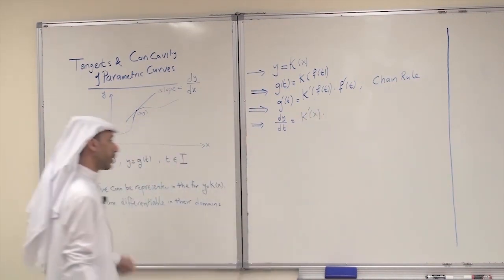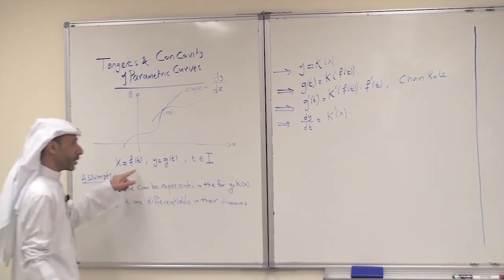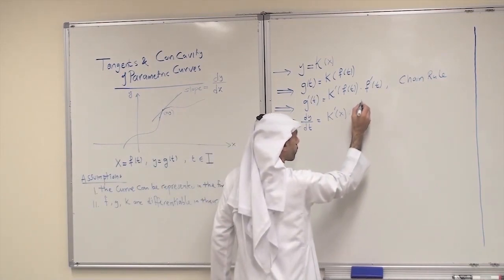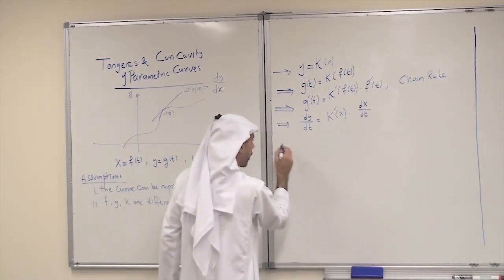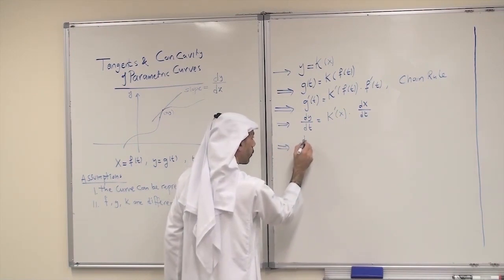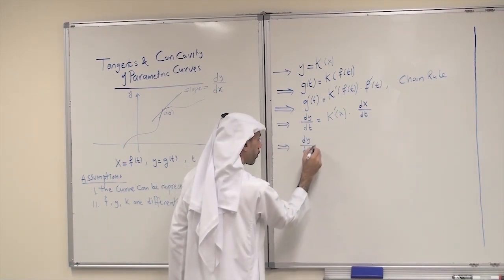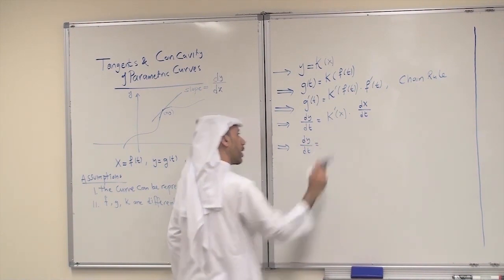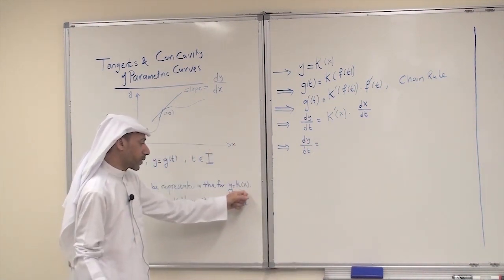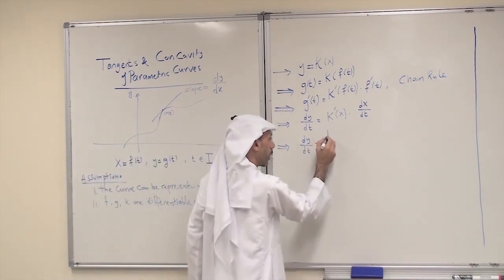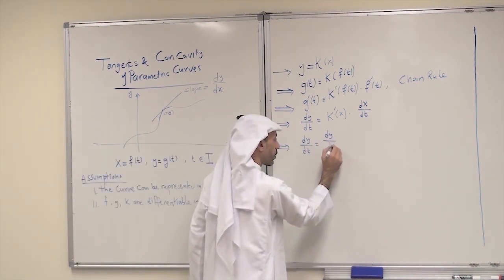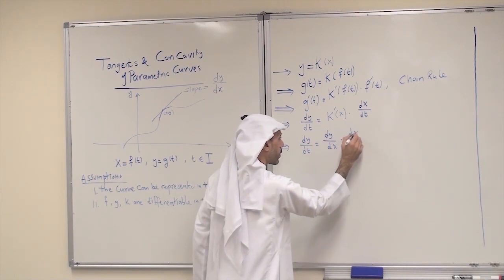And f prime of t is dx/dt. Further, I have here dy/dt. What is k prime of x? If y equals k of x, then k prime is just dy/dx, times dx/dt.